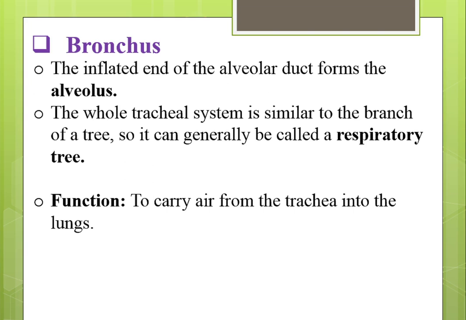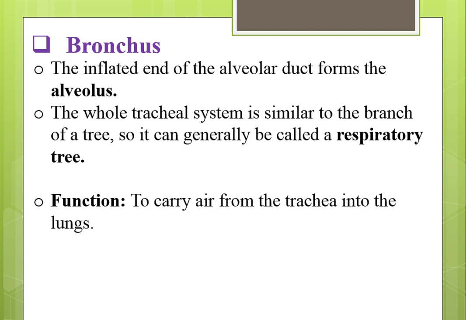The whole tracheal system is similar to the branches of a tree, with many branches, so it can generally be called a respiratory tree. Function of the bronchus: to carry air to the right and left lungs.